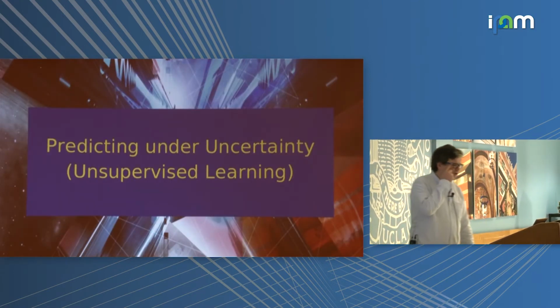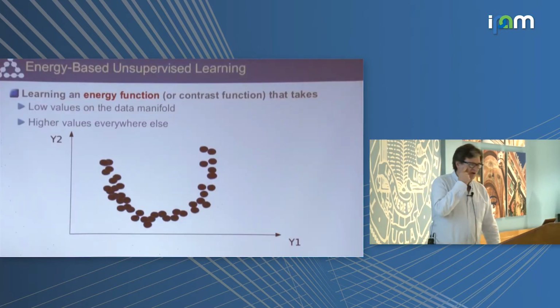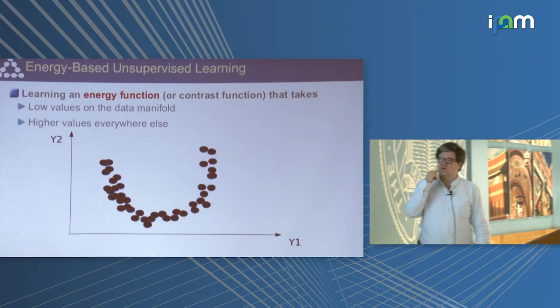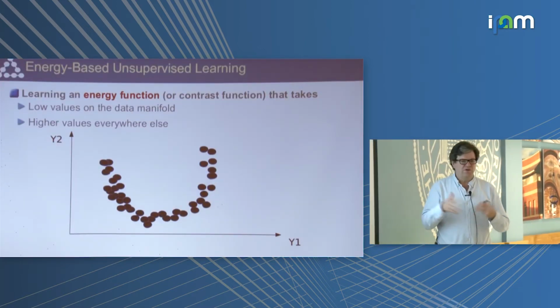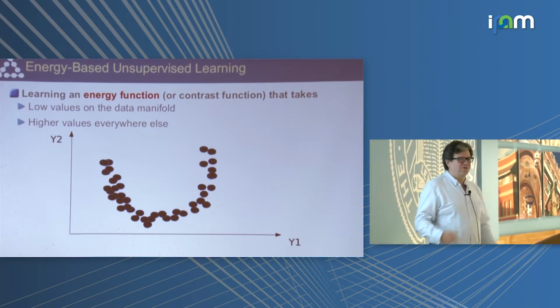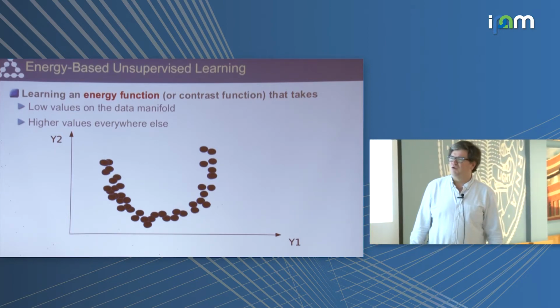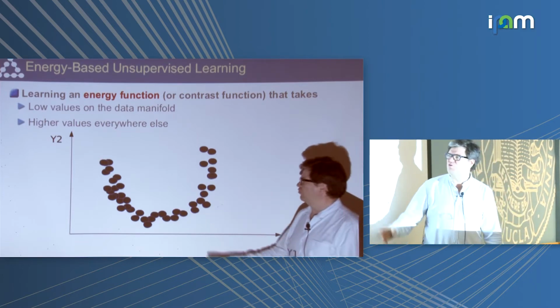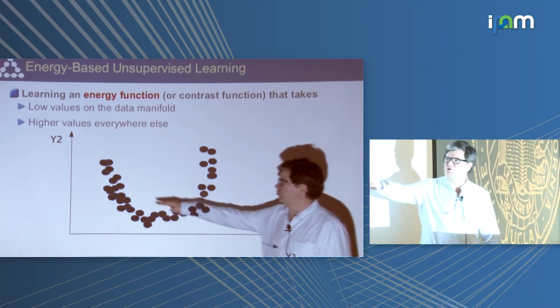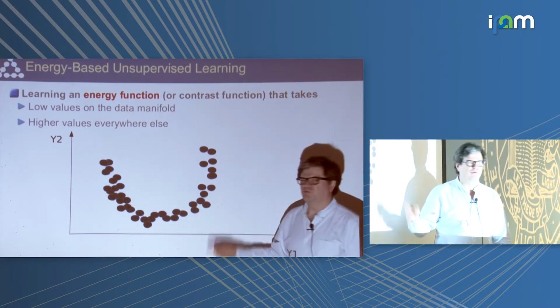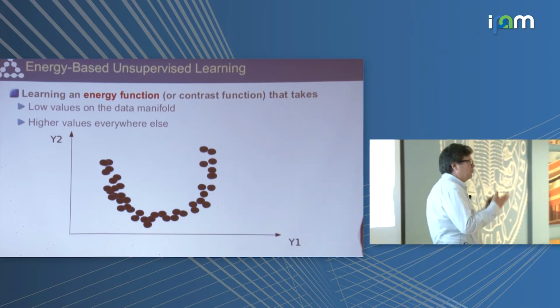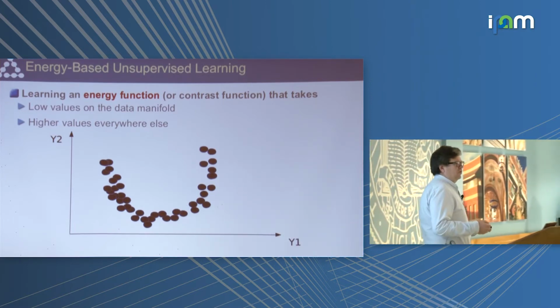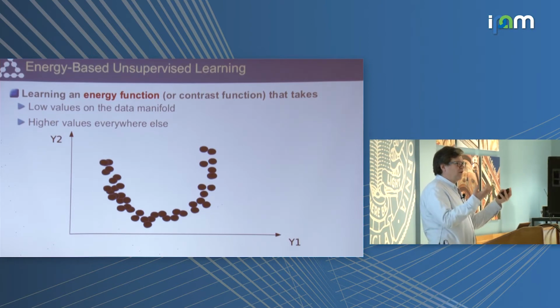So that's the problem of prediction under uncertainty, and it's the fact that there are no perfect deterministic dependencies in the world. If your world consists of two variables, y1 and y2, and you observe them, if I give you a particular value for y2, there are two possible values for y1, and you have to have somewhere a representation of either the distribution or the set of possible values.